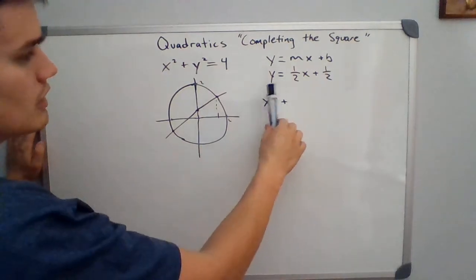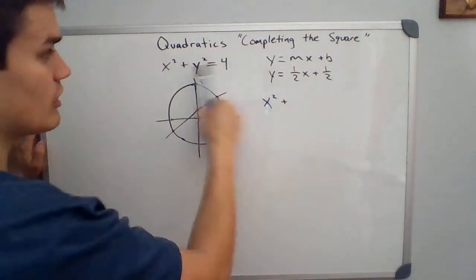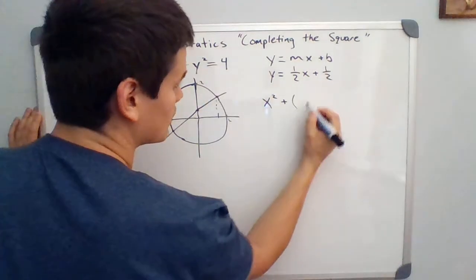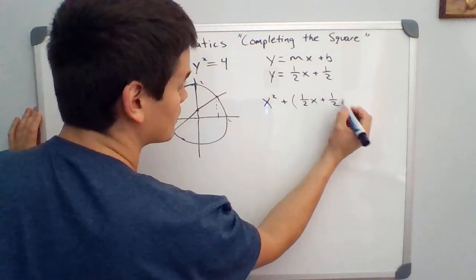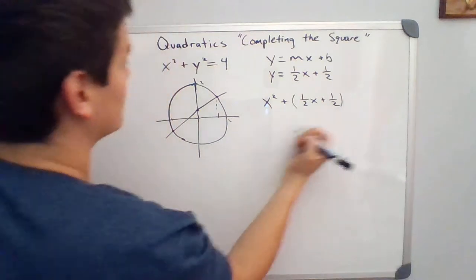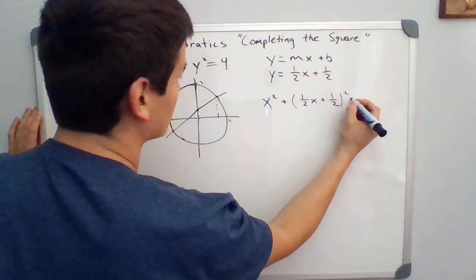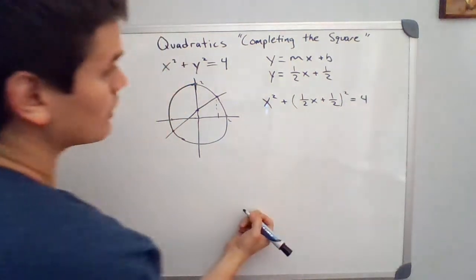So I'm going to substitute the equation for the line into the equation for the circle: x squared plus 1/2 x plus 1/2, squared, is equal to 4.